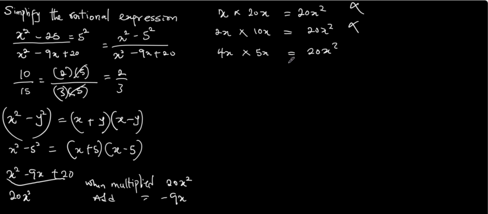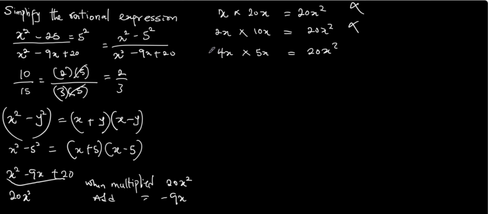However, we must also be conscious of our signs. Very important. The sign for 20x squared is positive. The sign for 9x is negative. So the two numbers, when multiplied, must give us positive 20x squared and must give us negative 9x.